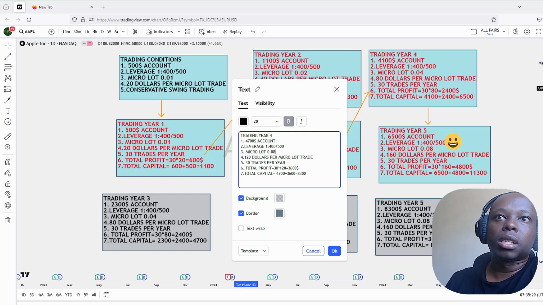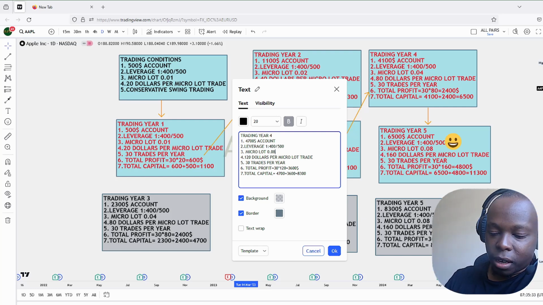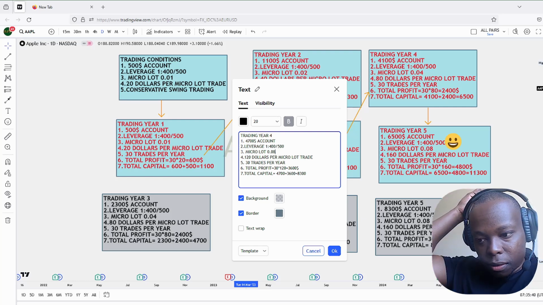It's not just extreme, because I'm simply, let me work it out on my pen and paper. 500 is 0.01. What about 4,700? Let me see what that would be.